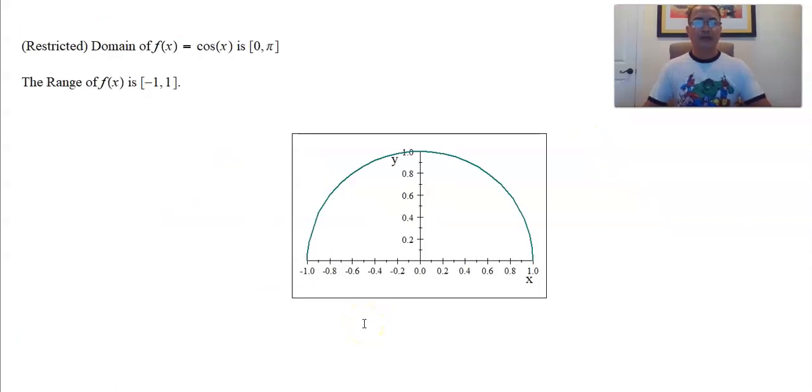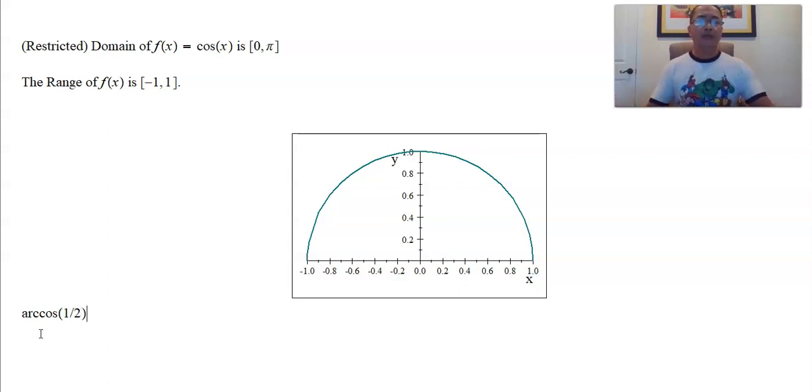Just to remind ourselves though, how do you compute an inverse cosine value in general? Because the restricted domain for our cosine is from 0 to pi, we're basically looking at the upper half of the unit circle, where the angle is between 0, pi over 2, and pi. So we can ask, for example, what is the arc cosine of 1/2?